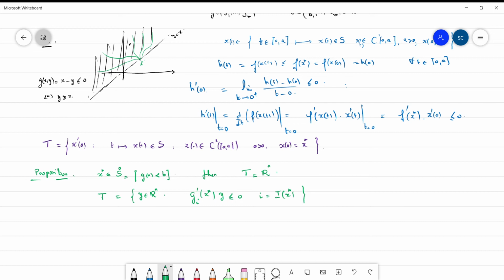The set of indices I of x star is the set of all i where we have g_i equal b_i. We say that the constraint is active where we have equality, active constraints.